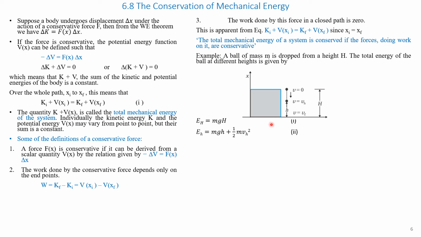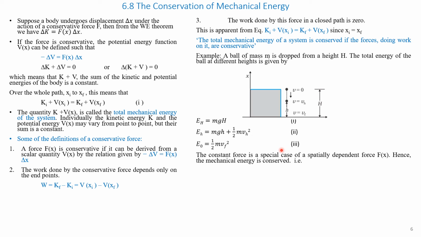Please note, at the height h, while the body is falling, there is both potential energy plus kinetic energy. Let it be equation 2. Then finally, at the ground level, E naught is equal to half m vf square. At the ground, there is only kinetic energy, half m vf square. Let it be equation 3.